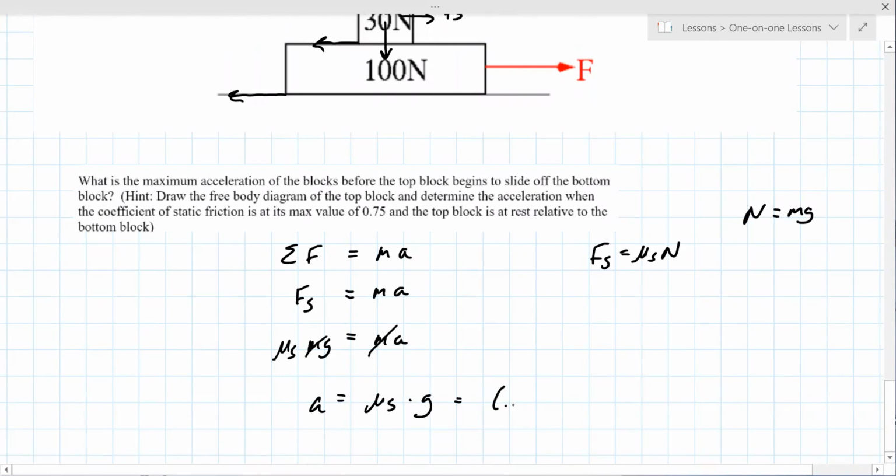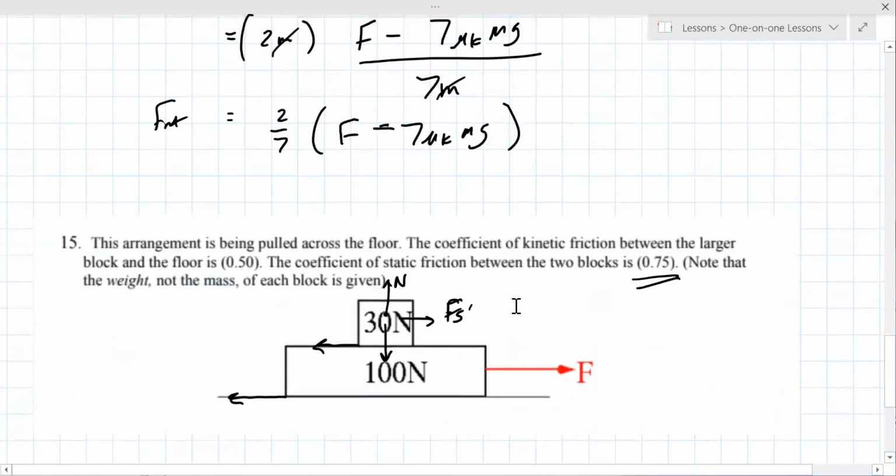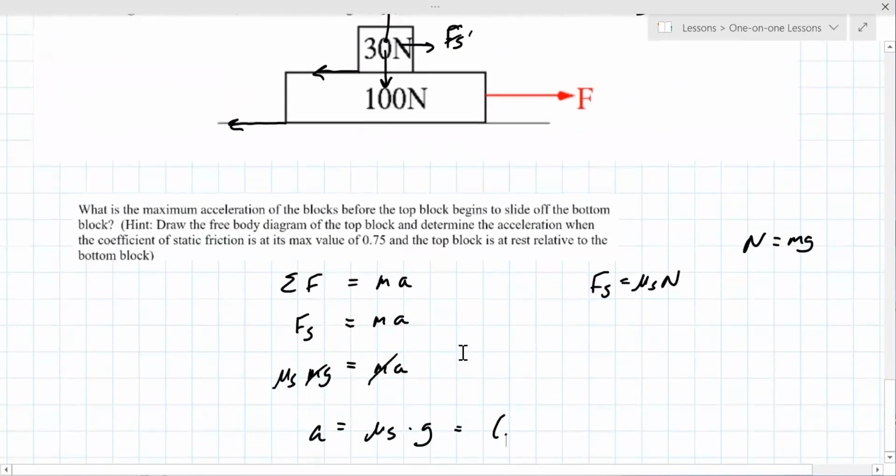point... Did they give that to you? Yeah, 0.75 times 9.8.